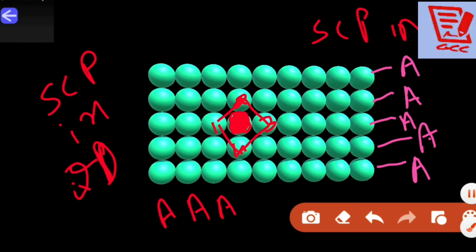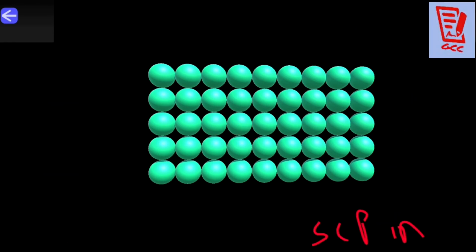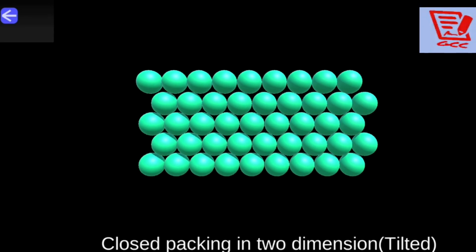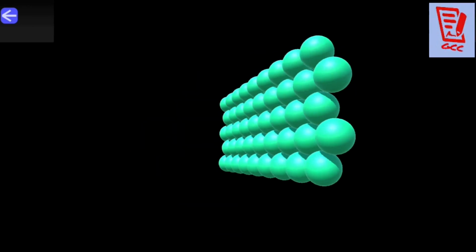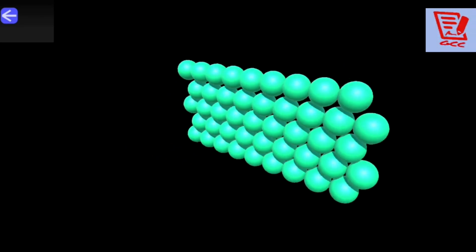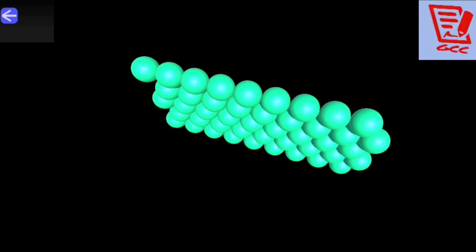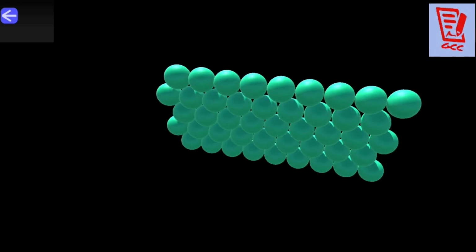Okay, now after that we are going to do the next one. You see, please. Now see, this is also a close packing in two-dimensional, but you see the difference. Previously they were aligned directly to each other, but here in this case, the arrangement is different.